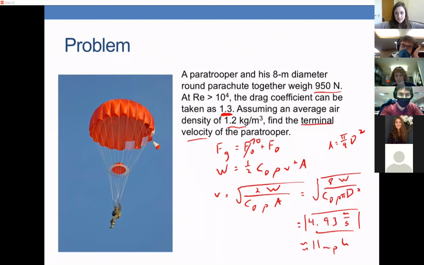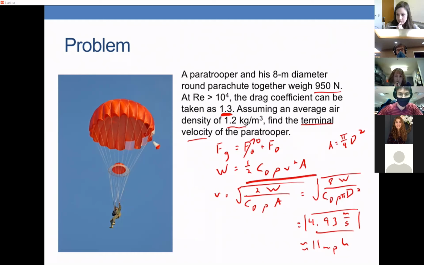Oh, also incidentally, thinking about this parachute. Let's say you're falling and you're already at the terminal velocity of your body. And then you let your parachute go. When you let the parachute go, what does that change about this equation?